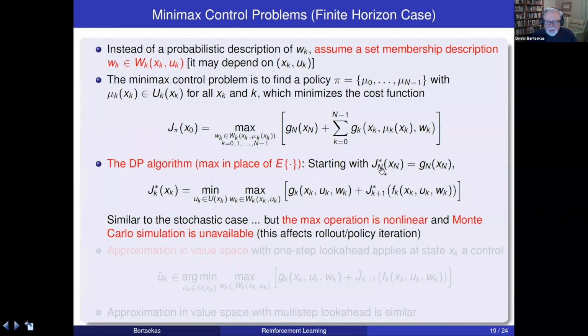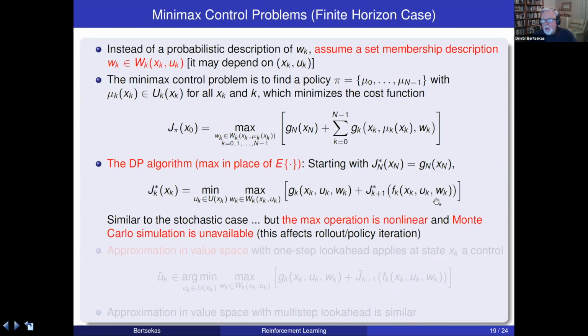difficulties. The expected value operator here is linear. In other words, the expected value of a sum of two numbers is equal to the sum of the expected values.